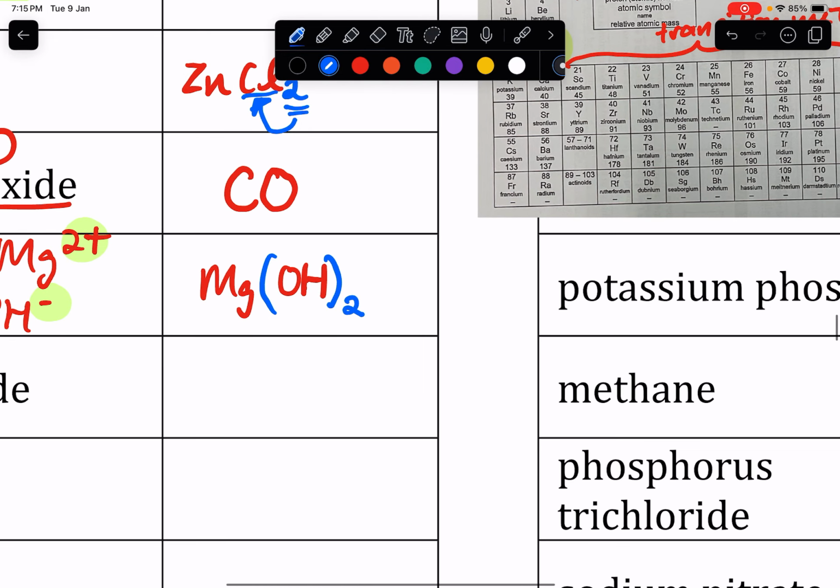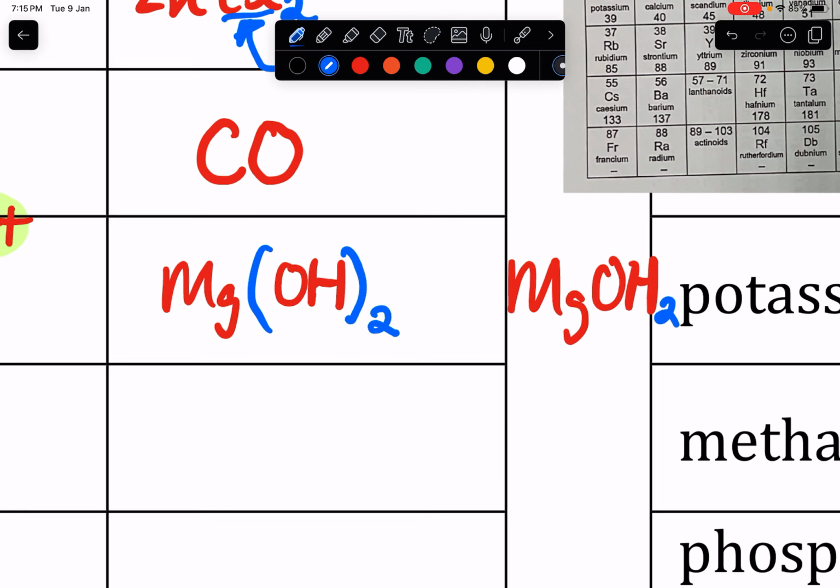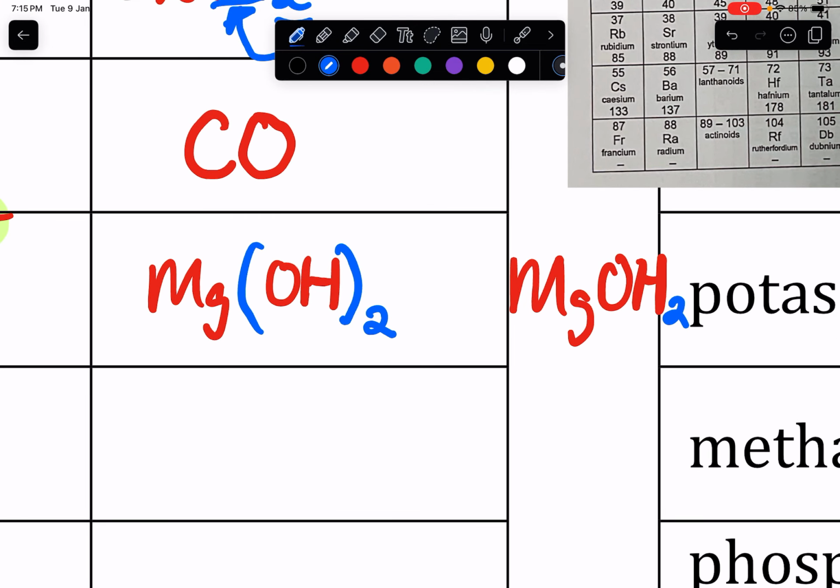Now, a common error that students will make is to write MgOH2, with a 2 behind here. What is the difference between these two? Let's count what are the atoms present. For the first case on the left, I have 1 magnesium. And can you see the 2 will multiply in to give me 2 O and 2 H.